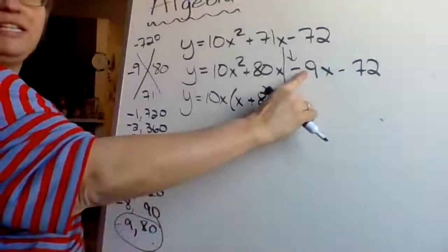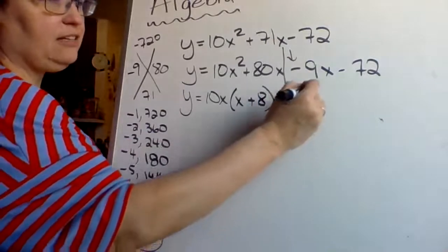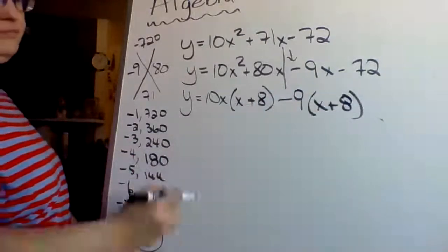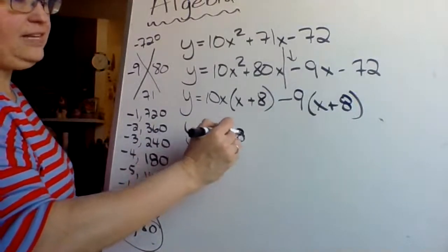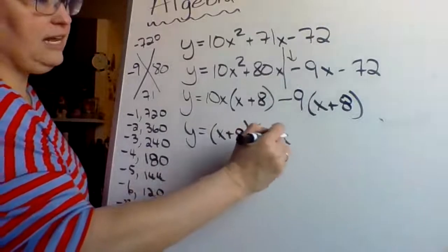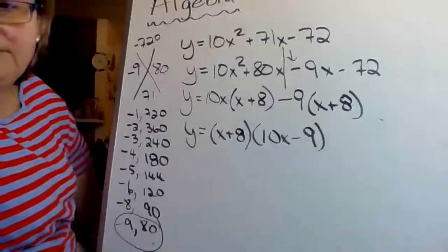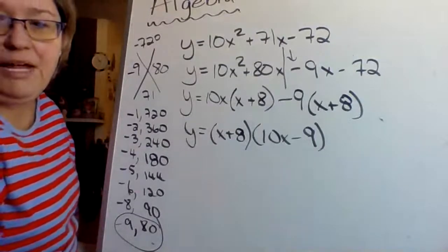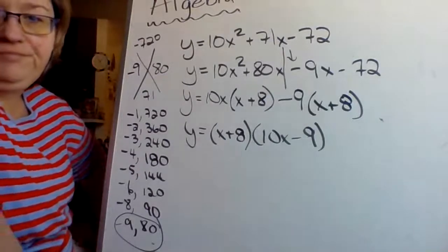Then right here, because the leading coefficient is negative, I want to take out a negative 9 and still get x plus 8. So y equals x plus 8, 10x minus 9. Okay, anybody else? Got that, Allison?